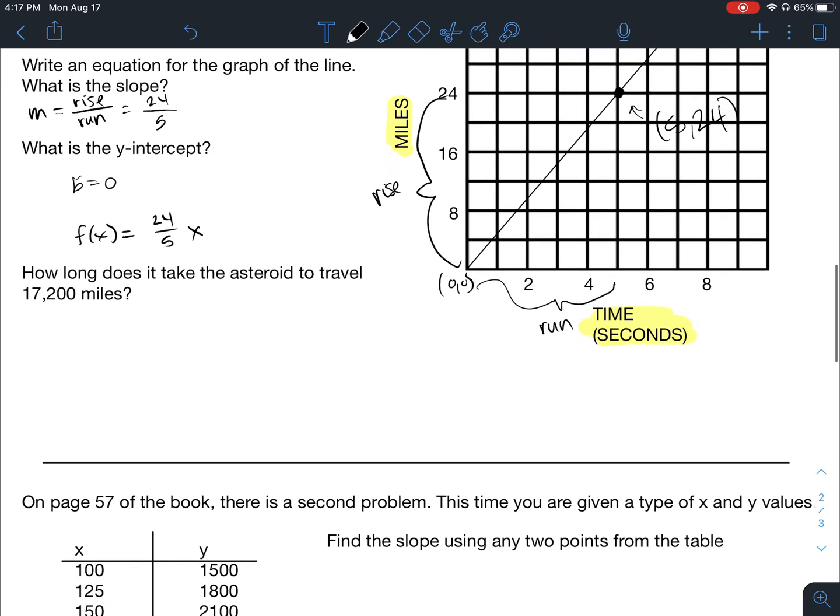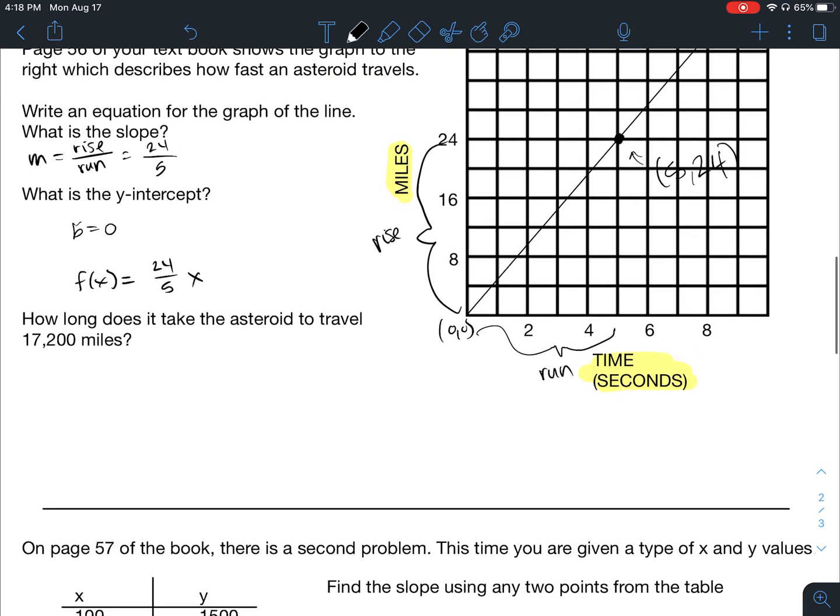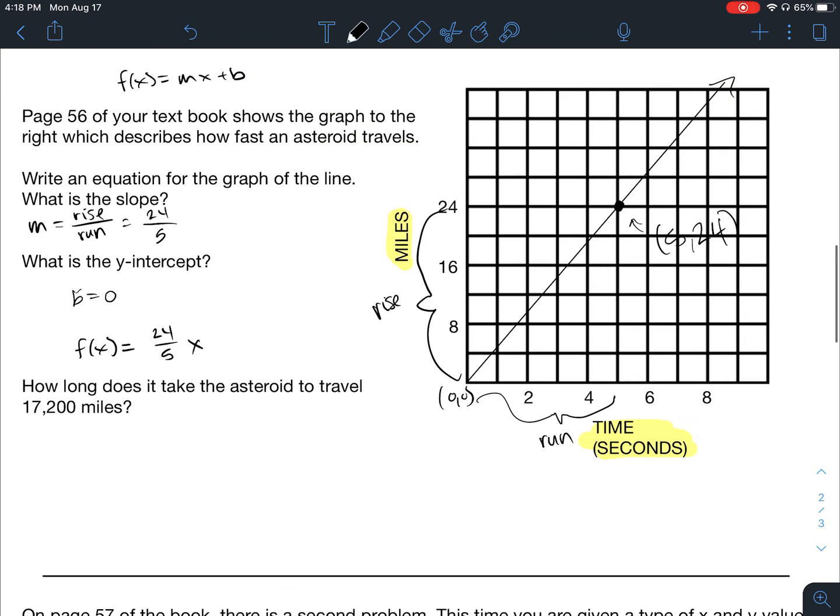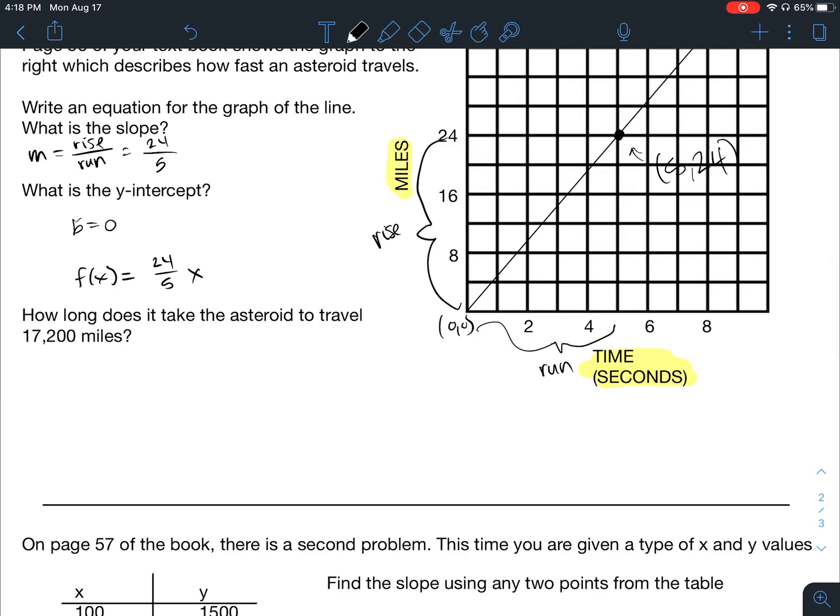Now, it asks us in the book, how long does it take the asteroid to travel 17,200 miles? So now this asteroid is traveling pretty fast. If at 5 seconds, it's already going 24 miles. So this asteroid is hauling. So let's go ahead.